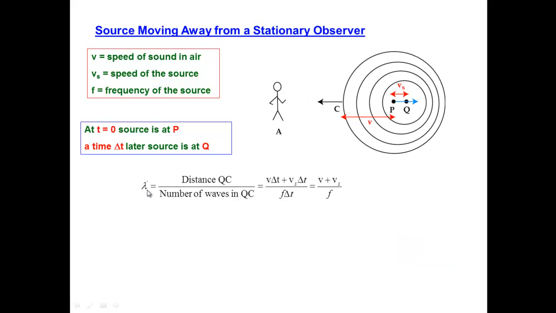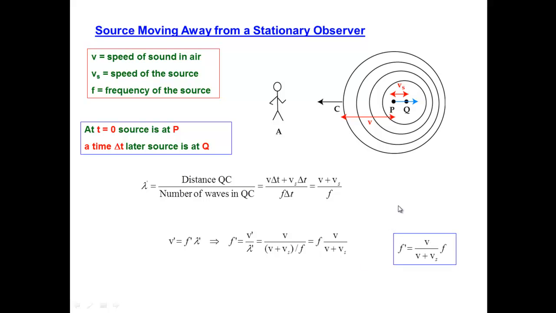Because what we're finding is a new wavelength that's longer than the original wavelength. So this lambda prime becomes v plus vs over f, and I will quickly speed through this because the same result is obtained for the Doppler shifted frequency f prime, except the sign has changed. So it's v over v plus vs.